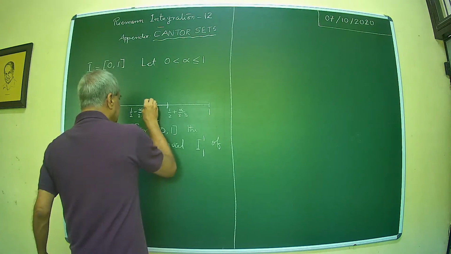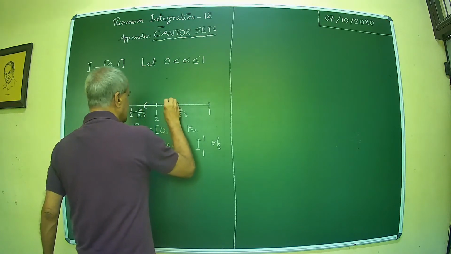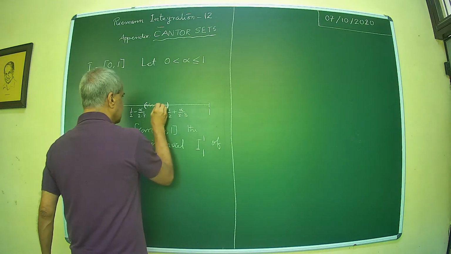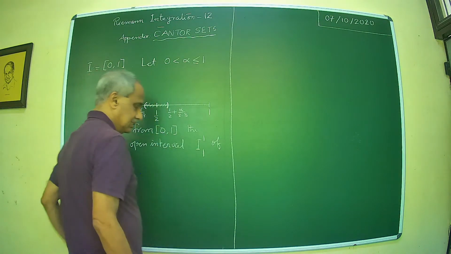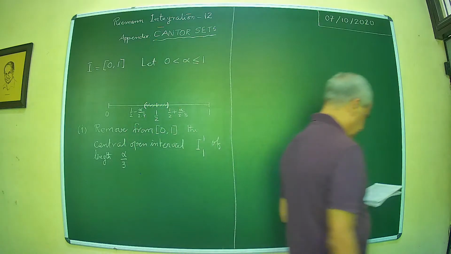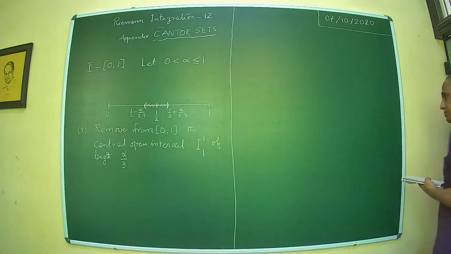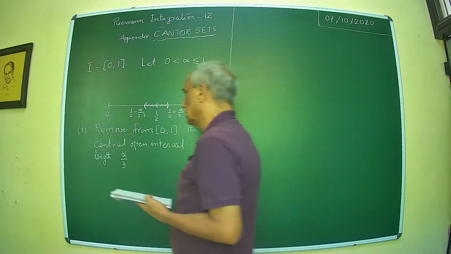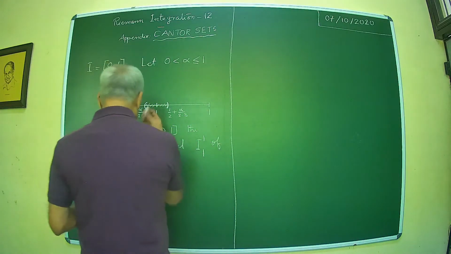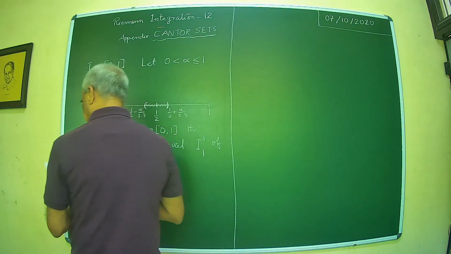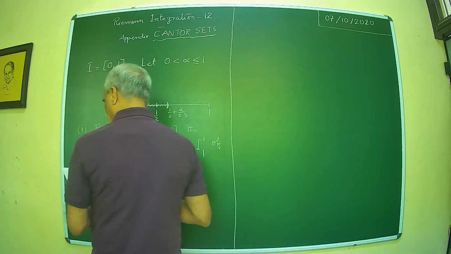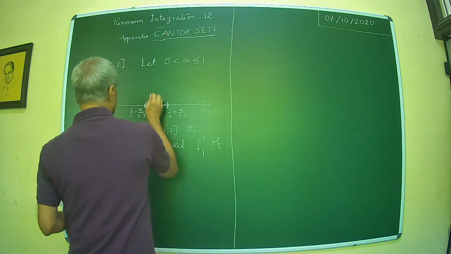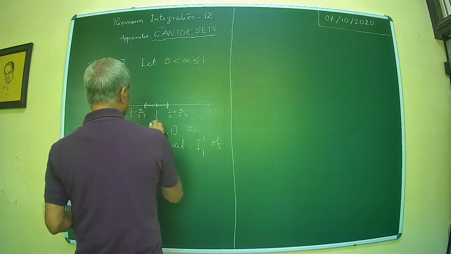This is the open interval, that means not the end points. So we just take this out, and we designate this by I11.